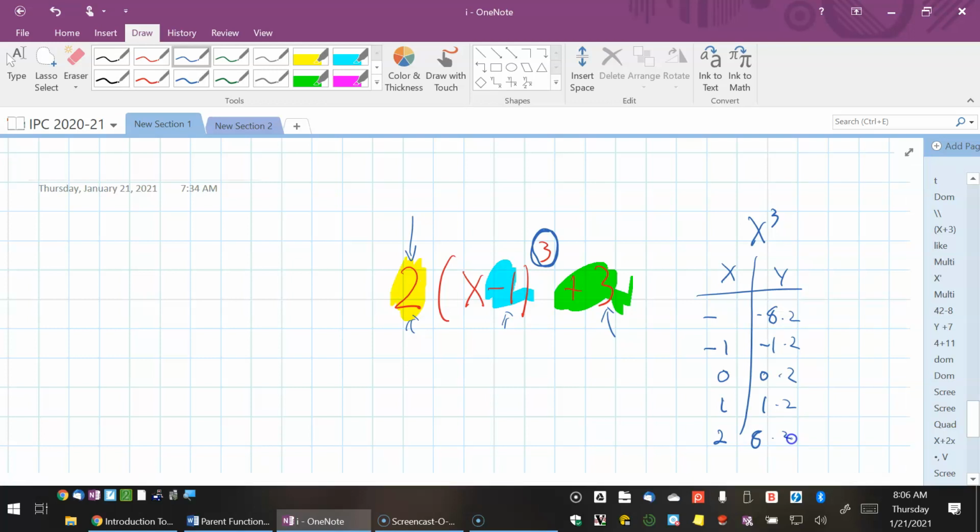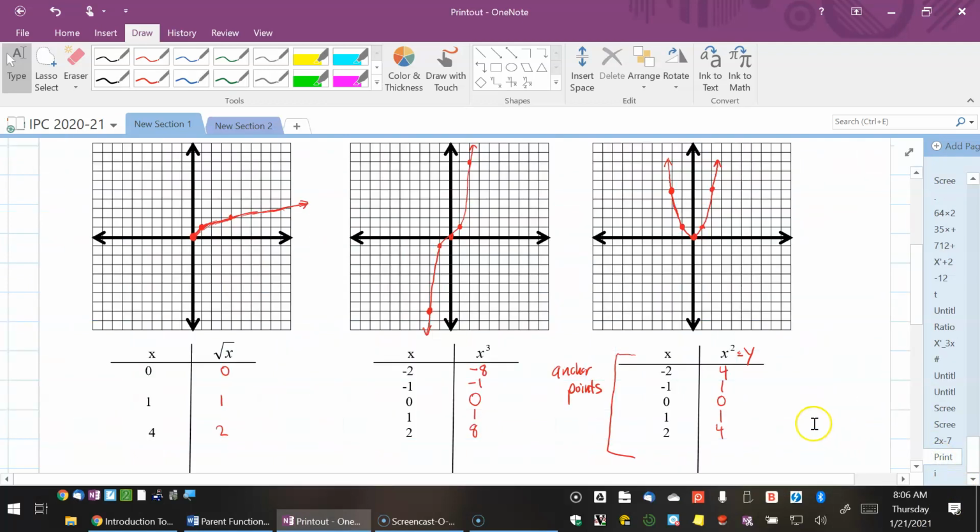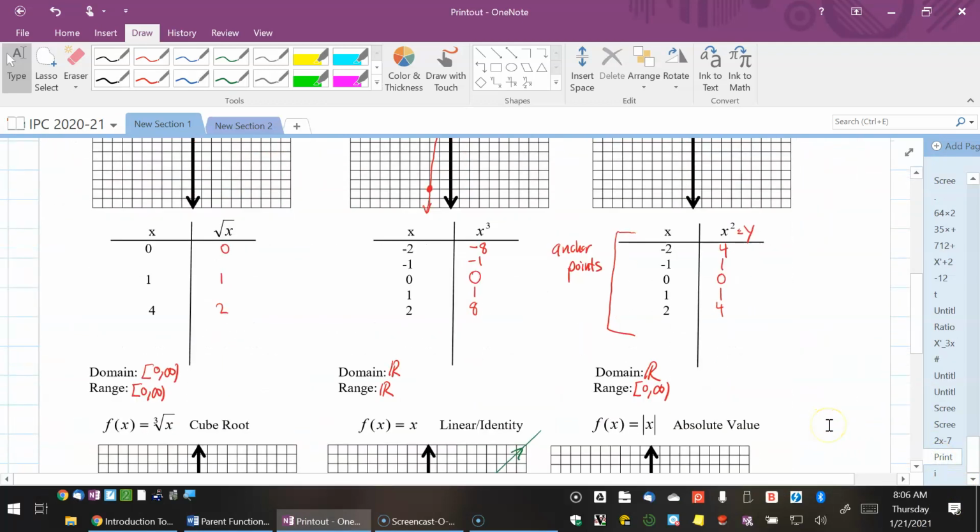This plus 3 at the end tells us to add 3 to all of the y's as well. So these anchor points undergo some pretty dramatic changes. This is where we are headed. So I want you to keep this in mind as you start to learn these anchor points, and as you watch video 42 tonight.